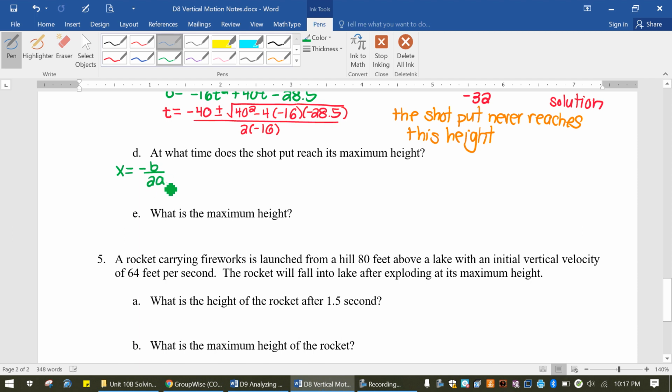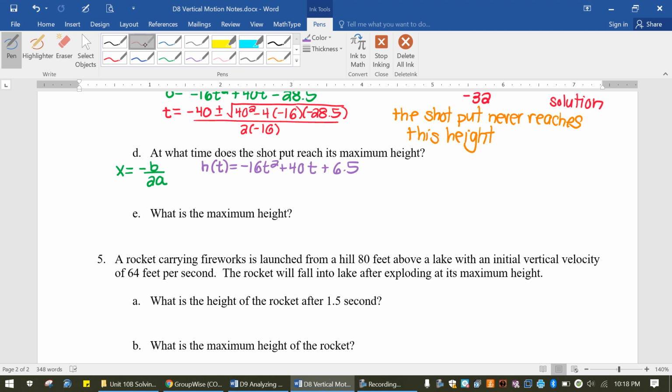So going back to what our equation was, negative 16t squared minus 40t plus 6.5, our b of negative 40 is what we're going to be using.